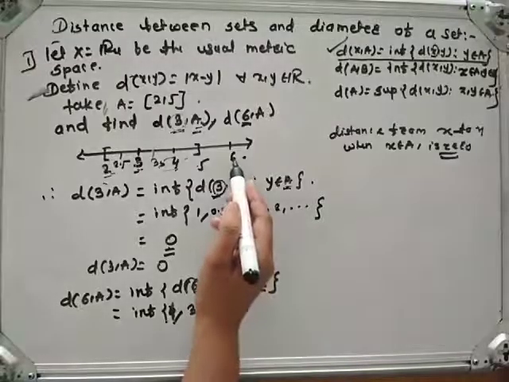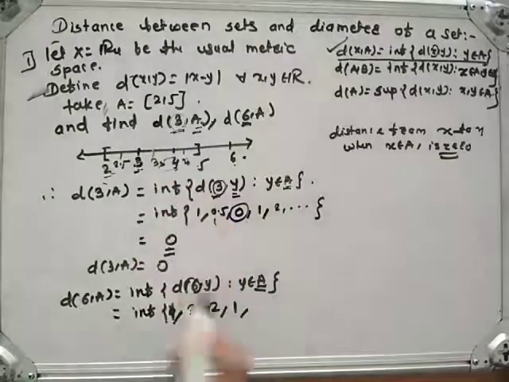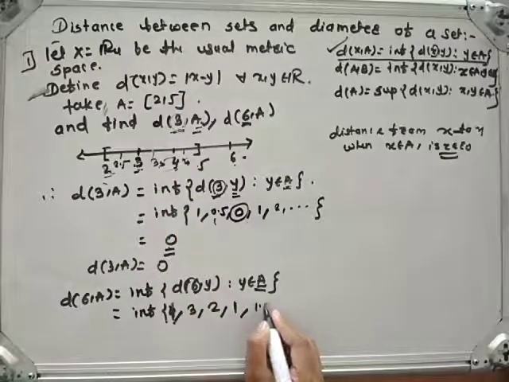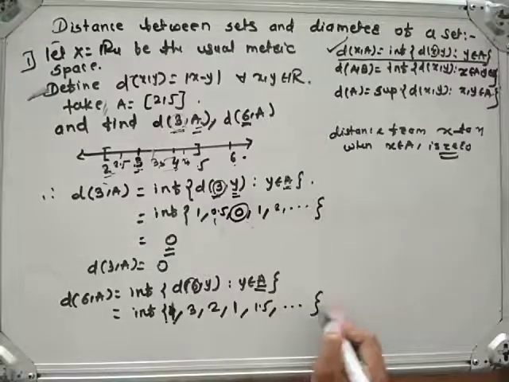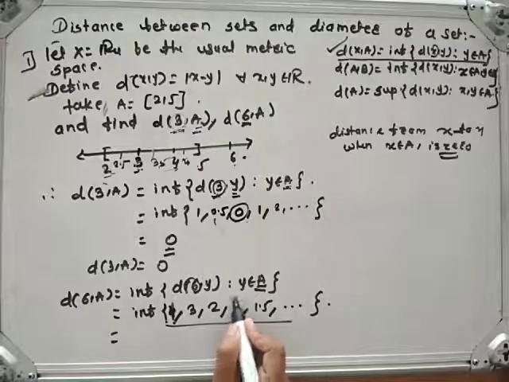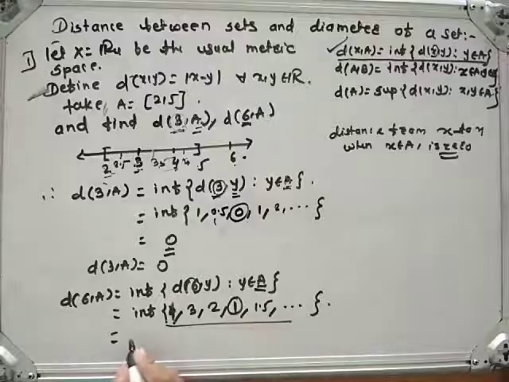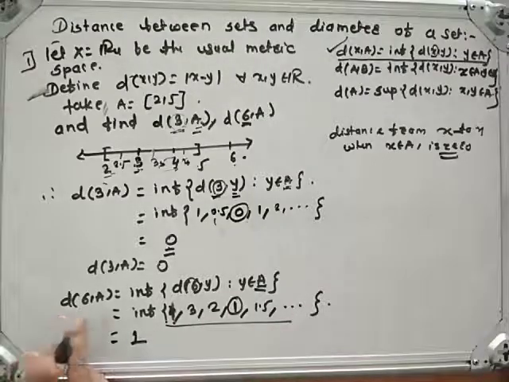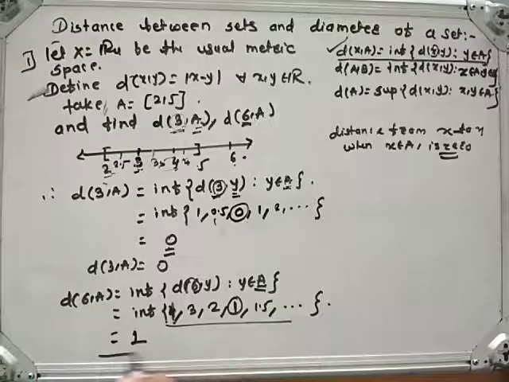The distance of 6 from, suppose here is 4.5, which is 1.5, and so on. Here observe that 1 is the infimum among these values. Therefore the distance of 6 from set A is 1.